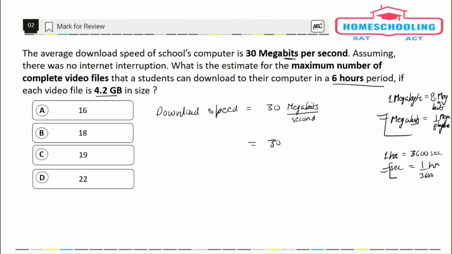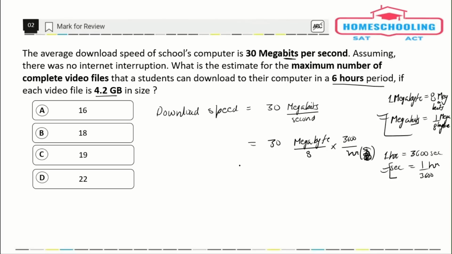So megabits will be written as megabyte with 1 divided by 8, and second can be written as 1 by 3600, so 3600 will move upwards.